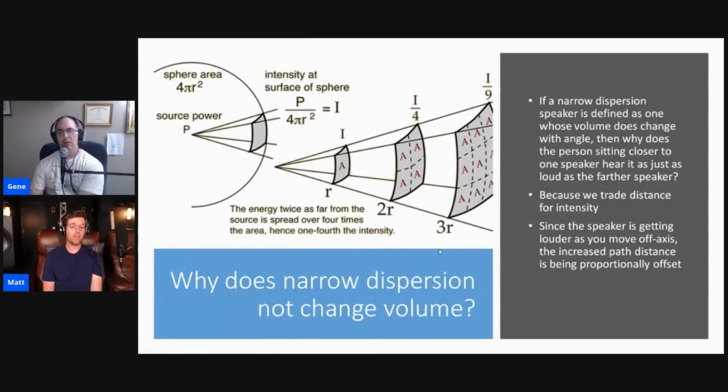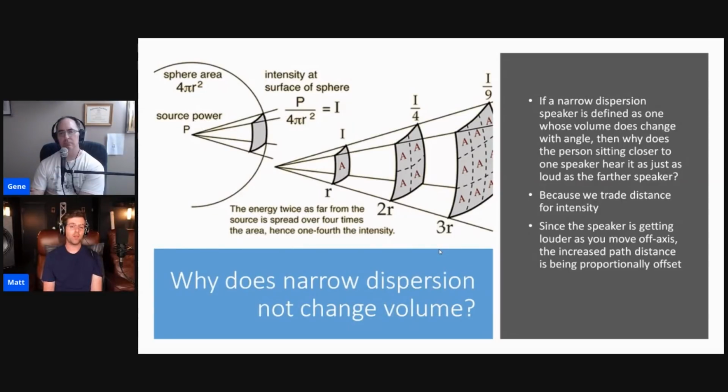Okay, so why does narrow dispersion not change volumes? We said earlier wide dispersion does, and we explained why. So again, if a narrow dispersion speaker is defined as one whose volume does change with angle, then why would the person sitting closer to one speaker hear it as just as loud? If it's a different volume with angle, why is it actually not changing volume?